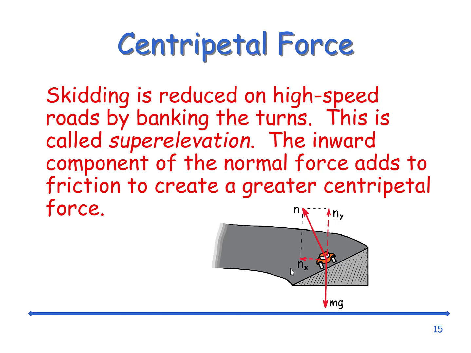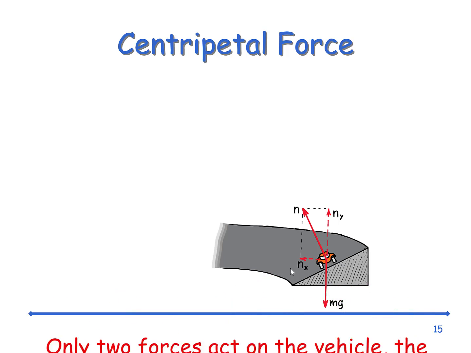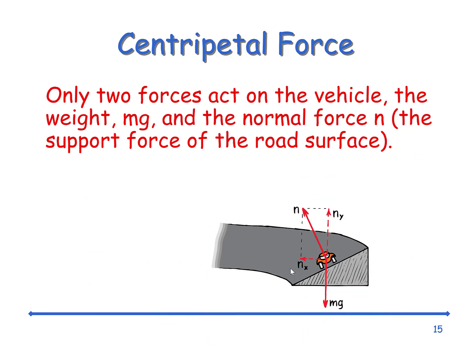So if we had a vehicle that had no tendency to slide down the curve or up the curve, at that speed, friction would play no role in the vehicle on the track. So again, if it doesn't slide up, if it doesn't slide down, it's not sliding left or right, then friction is not acting on it. The only two forces that are acting on that vehicle would be weight pulling down and the normal force pushing up against it.